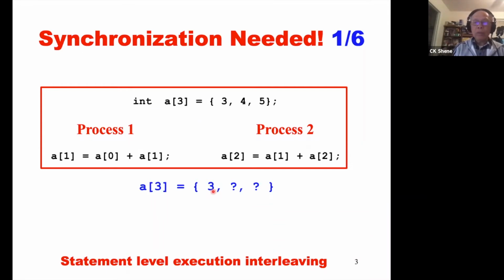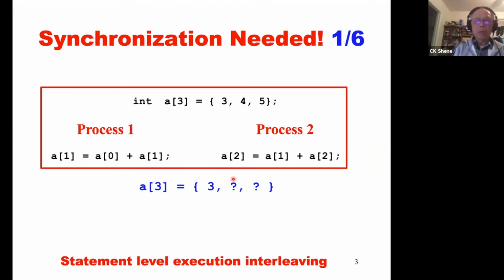But what are the values for A1 and A2? Why do I ask this question? You may want to say CK is stupid. Well, I'm not. Look here: A1 is modified. Look here: A2 is modified. So what is the issue? Remember, process 1 and process 2 are running concurrently.